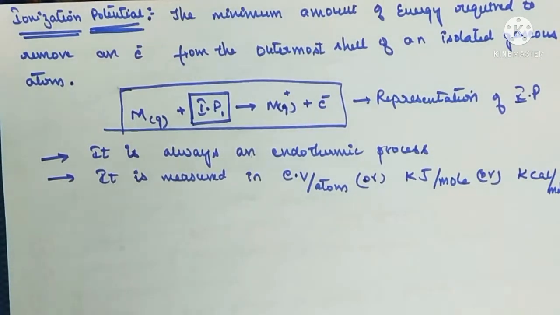And another important point is energy required to remove an electron from unit positive gaseous ion to convert it into dipositive ion is called IP2.